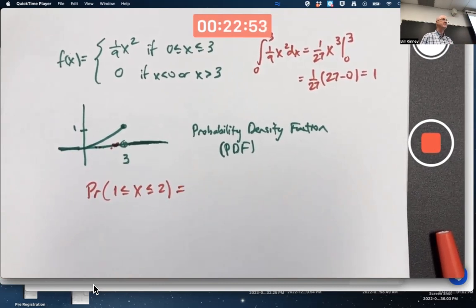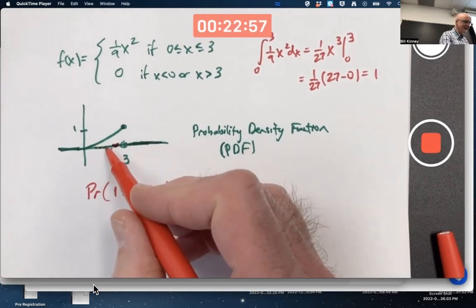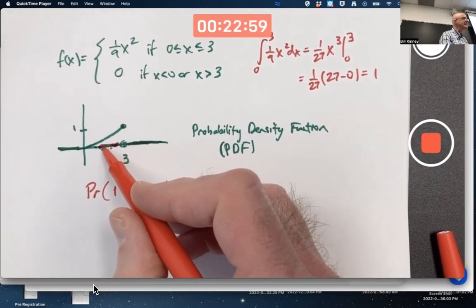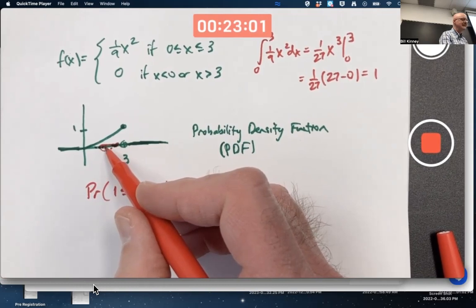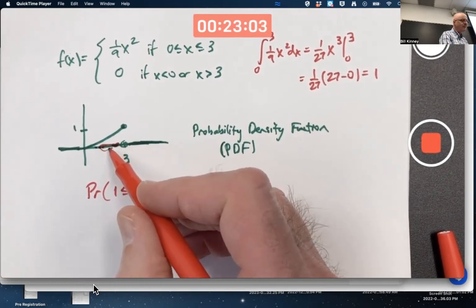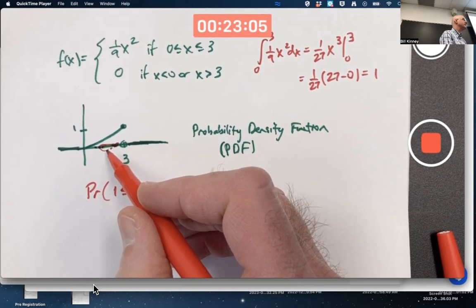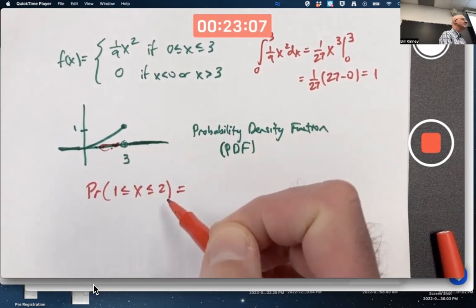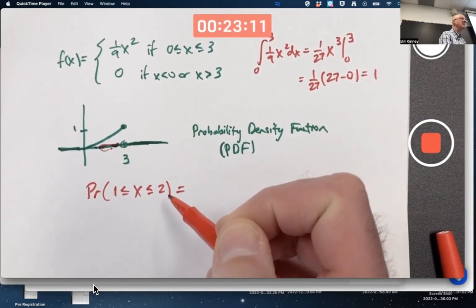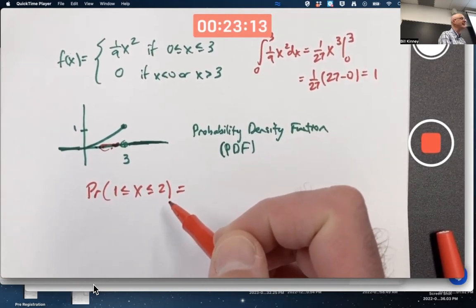Relatively big, relatively small, or moderate? Well, 1 and 2 is again where the data are sort of intermediate in their density. It's certainly not going to be a relatively large number. Might be moderately big. How big? I'm going to guess 0.1, 0.2, 0.3, something like that.